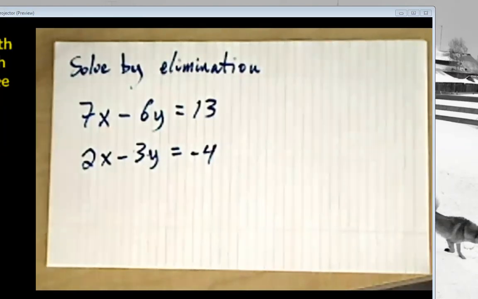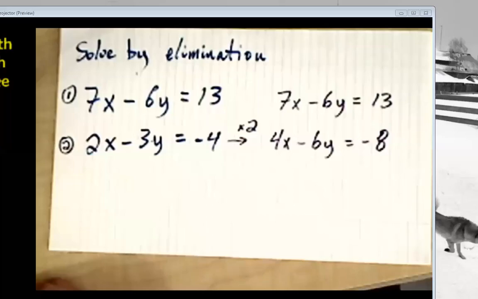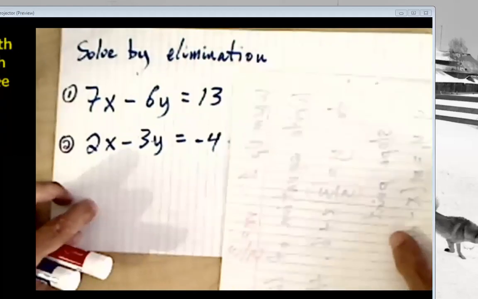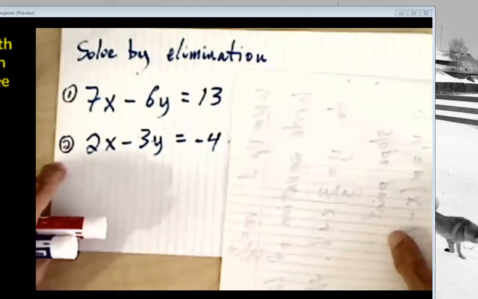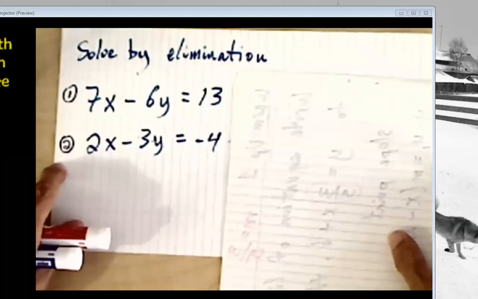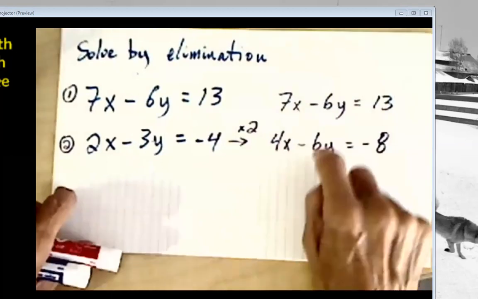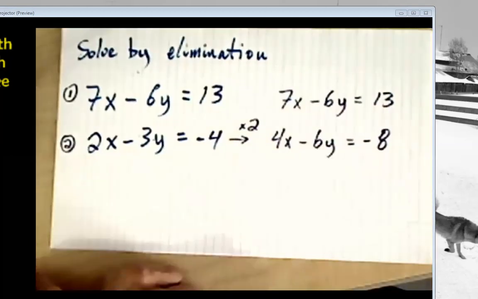I'm going to give you guys a couple of minutes. Okay, so solving this question with elimination. Take equation 2, multiply it by 2 first, so that we get same numbers happening, right? We got both 6s now for the y. That's smart.